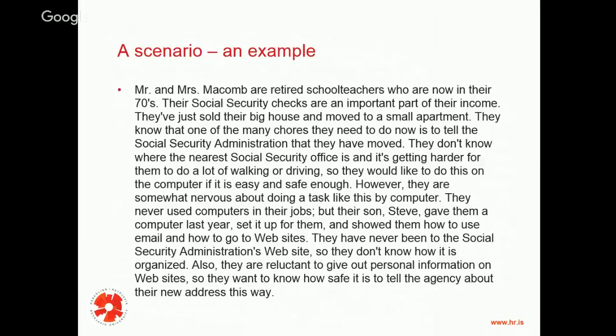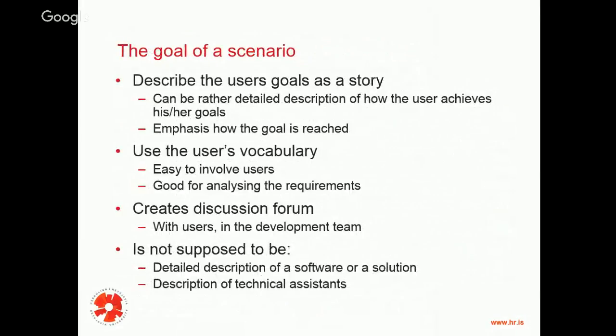So when we get more information on how we can help them, if we are trying to design a web site for them, we have to really think about this. How can we make them trust the website, and how can we help them? Okay. So the goal of a scenario is to describe the user goals in a story.